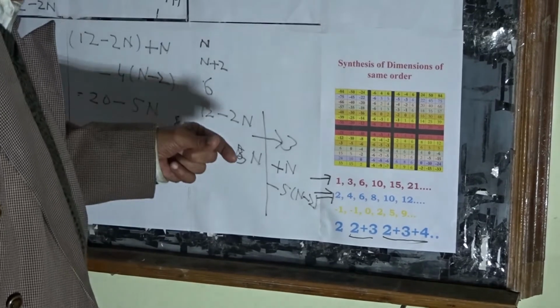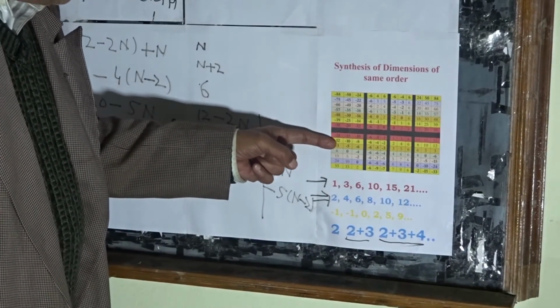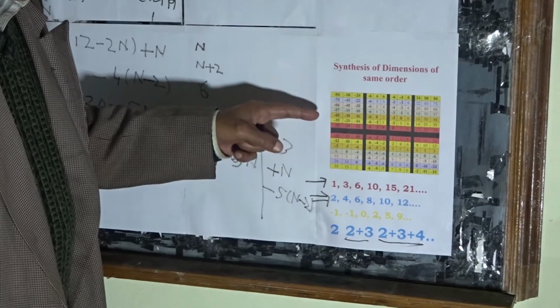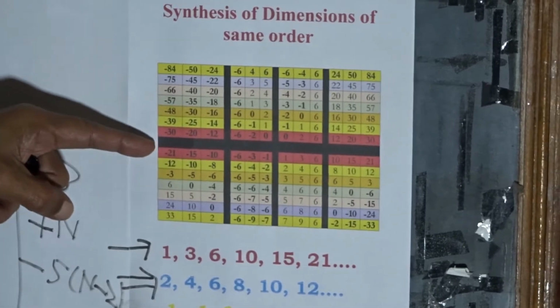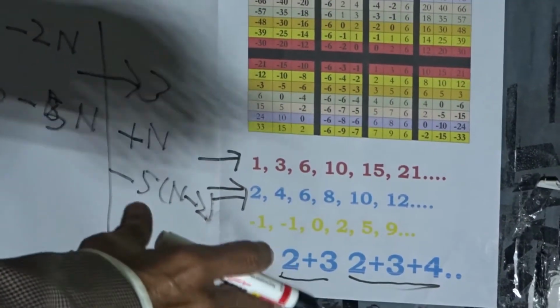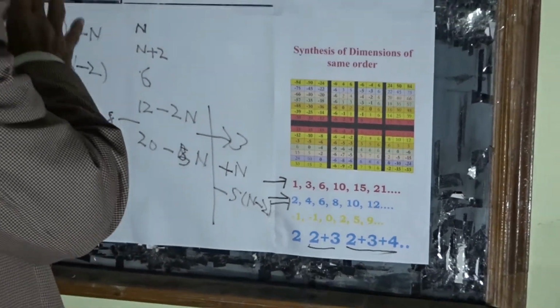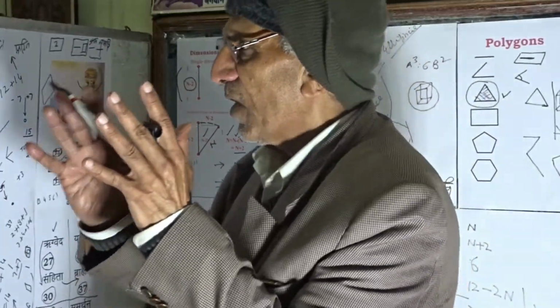And not only that, we'll see further that any pair of consecutive orders, so if it is a n-dimensional order, then we have n plus 1 dimensional order, even then the pattern is to remain the same. It is here where we have to be face to face with the reach of the Vedic format.